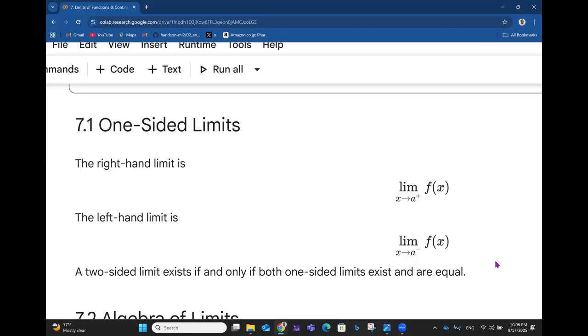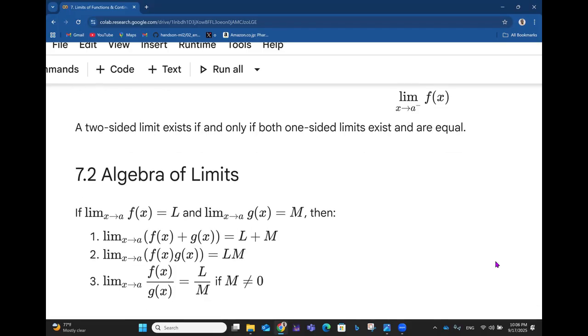They must be defined, and after being defined, they must be equal for you to say that the function f of x actually has a limit. Of course, in broad terms, you can say it has a two-sided limit or simply a limit. Basically, that's what that is about.